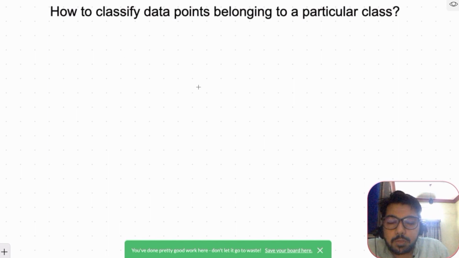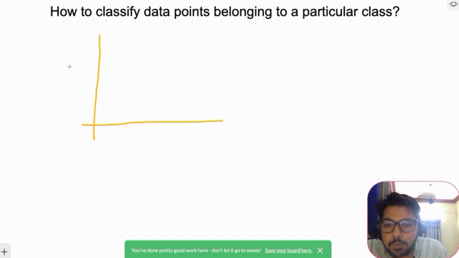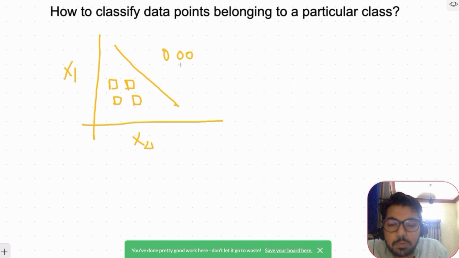So to determine mathematically how to classify, let's again draw a 2D plot. For example, I have two features x1 and x2 available with me, and this is the hyperplane we just saw, and we saw that the square ones are basically below the hyperplane and the circle ones are above the hyperplane.